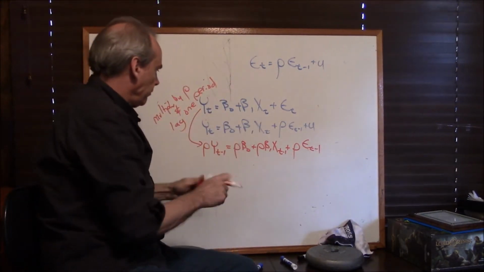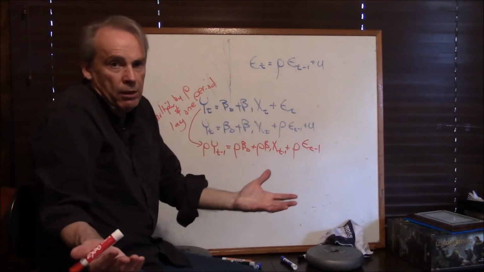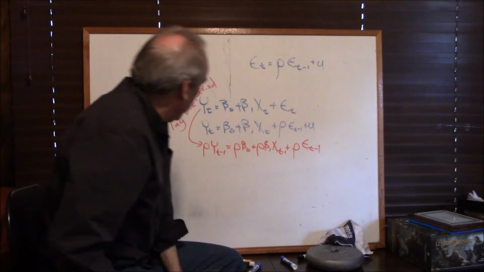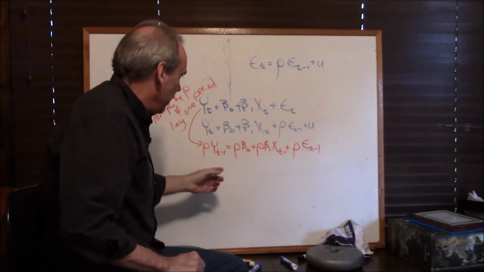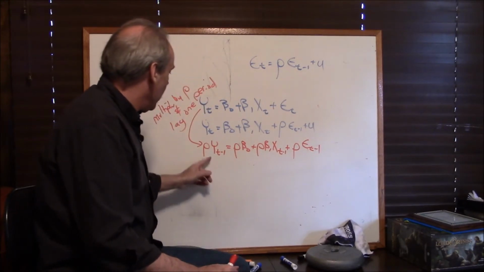All right. I multiplied everything through by rho, which, if I'm multiplying both sides by rho, is no problem, right? And then I lagged everything one time period. But let's say it was for the time period before time period t, which is also perfectly legal.